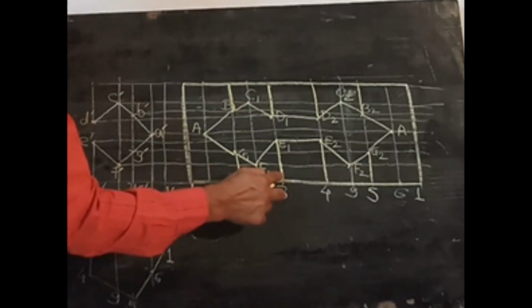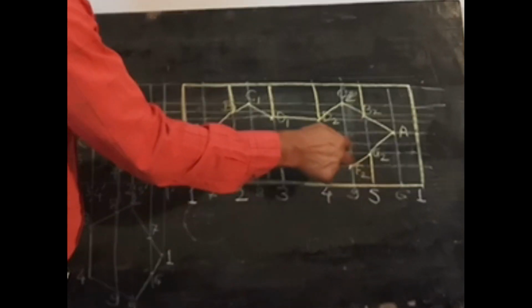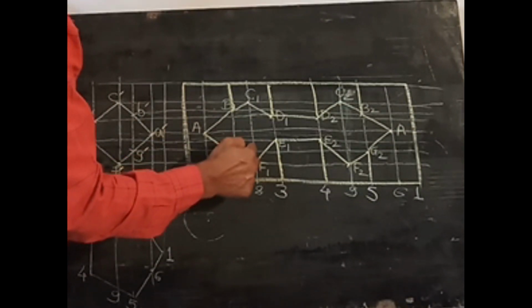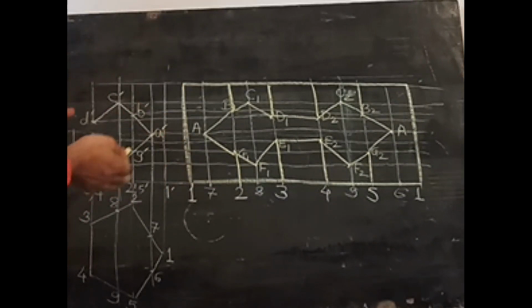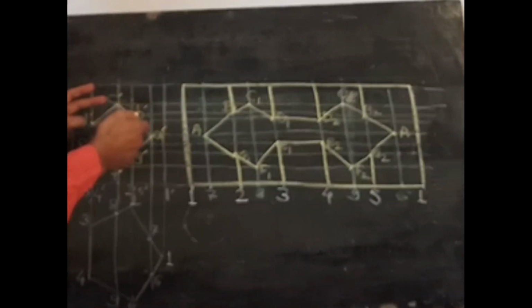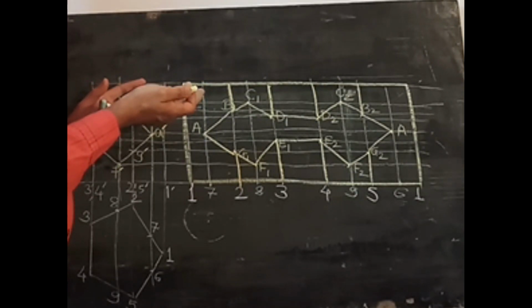So I have just made these regular edges thick. I am not going to make those extra edges thick. They are to be kept thin only. So this way we have obtained development of this cut pentagonal prism.